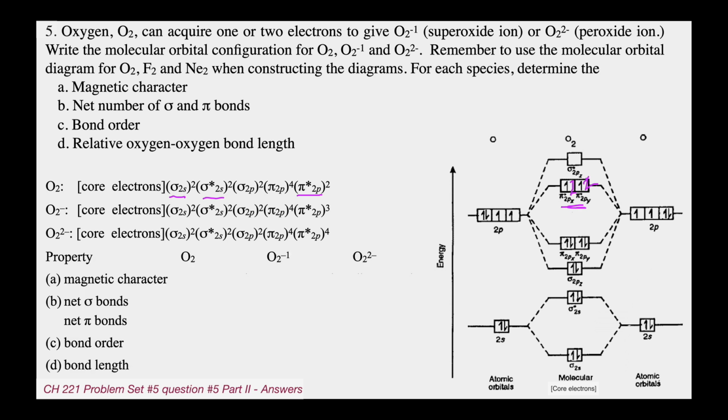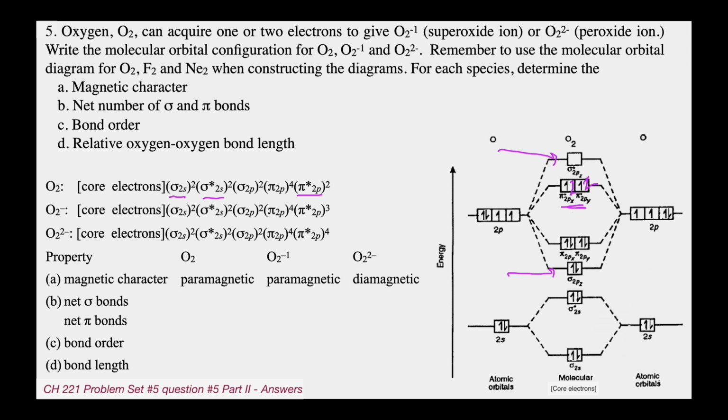When it comes to these different properties, we saw that O2 was paramagnetic. O2 1- still had a single electron, so it was paramagnetic. But O2 2-, where there were just as many up as down electrons, diamagnetic. We talked about how the sigma interactions came mostly from the sigma and sigma star interactions. And sigma star was empty in all of these.